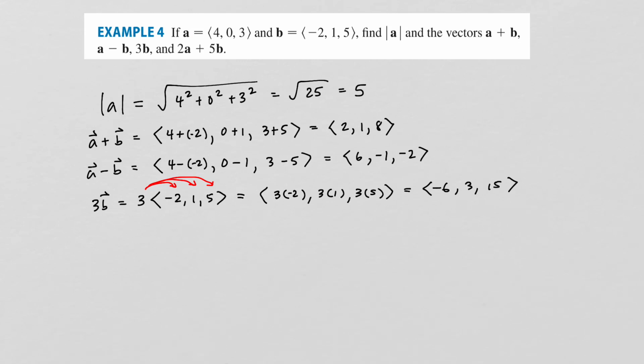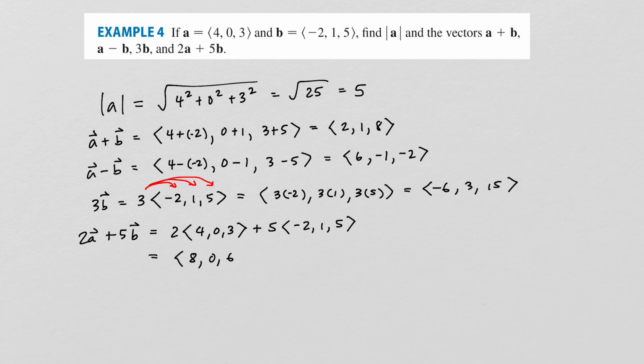And finally, 2 times the vector A plus 5 times the vector B is going to be 2 times the vector 4, 0, 3 plus 5 times the vector negative 2, 1, 5. Do the scalar multiplication first. This one is going to be 8, 0, 6 plus negative 10, 5, 25.